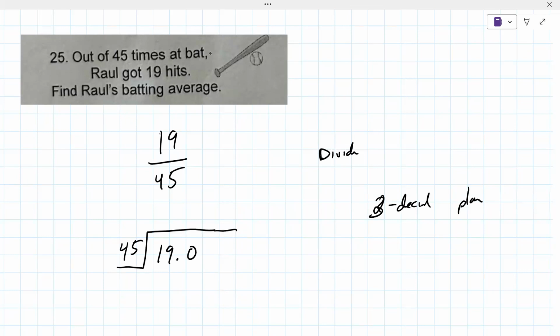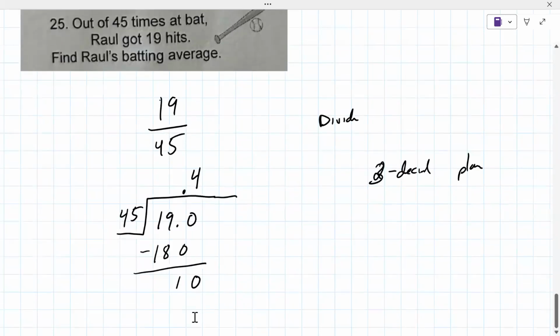45 plus 45 is 90. 90 plus 90 is 180. So 4 times 45 is 180. 10 times, does 45 go into 10?